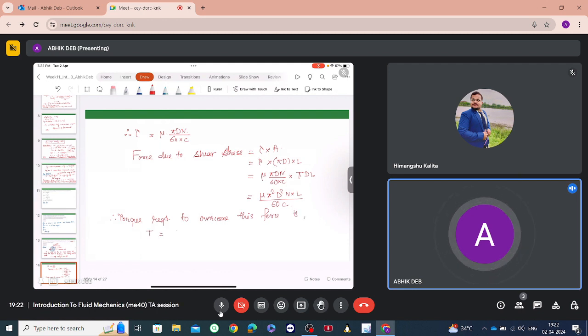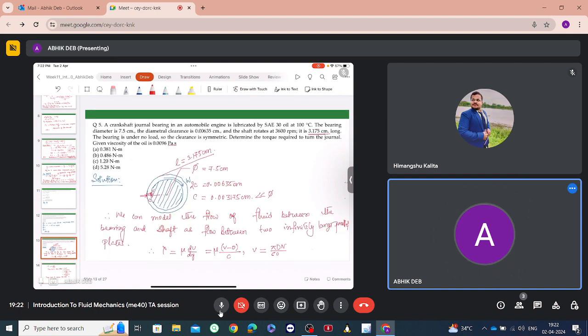T is equal to force multiplied by the perpendicular distance, because the torque will be given with respect to the center.